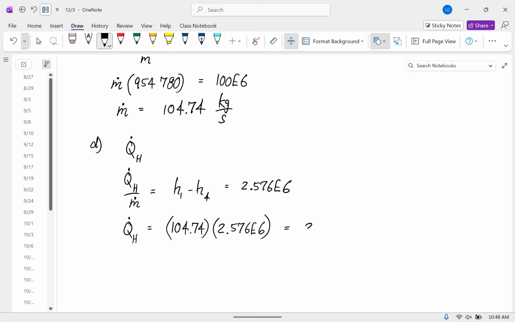And so you get 2.70 times 10 to the 8 watts. That's joules per second.